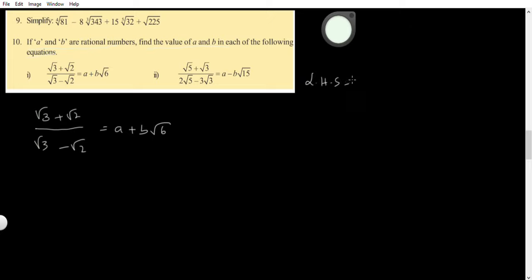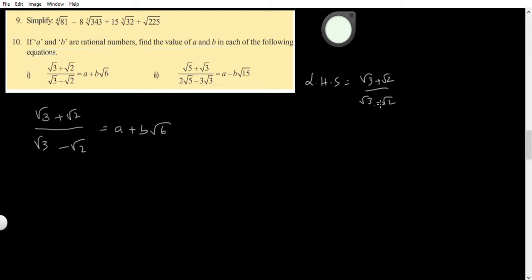LHS is equal to (root 3 plus root 2) by (root 3 minus root 2), that is given on the left hand side. I told you clearly, every time rationalize the denominator to get a rational number in the denominator.